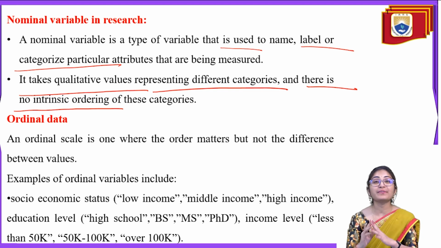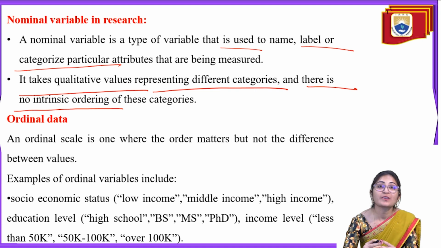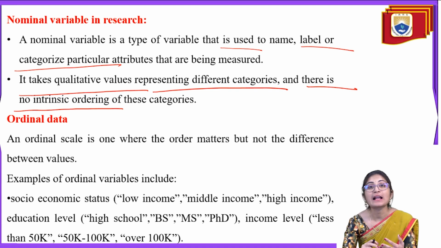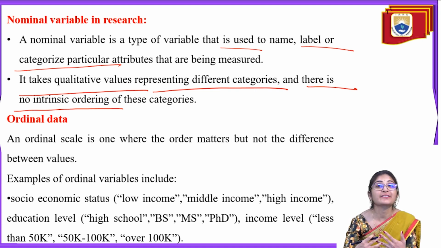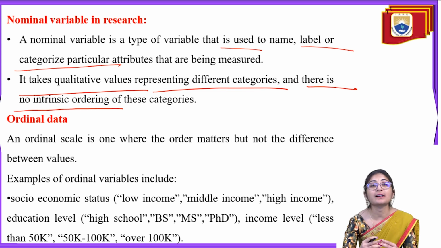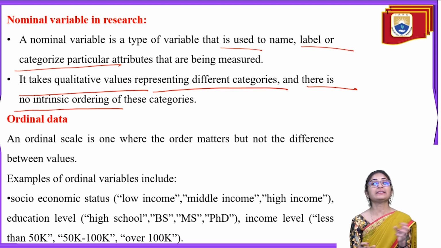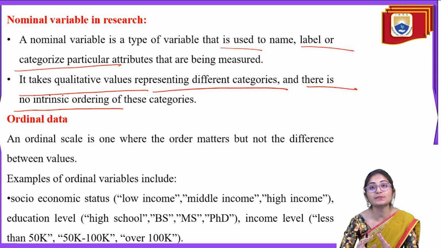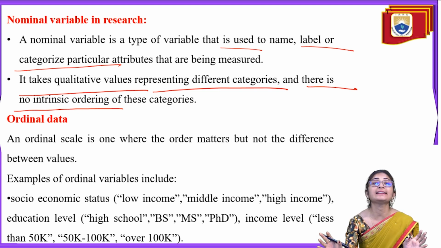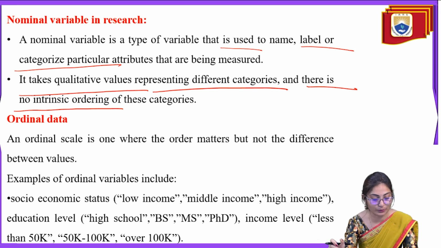So in a nominal variable, you can take some name, label and some attributes. Generally a nominal variable will take qualitative values, and those qualitative values will represent some categories. And actually there is no intrinsic ordering of the categories also.